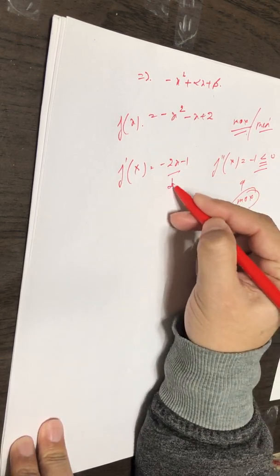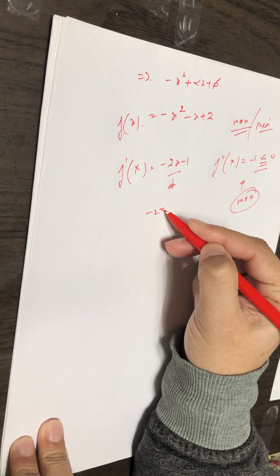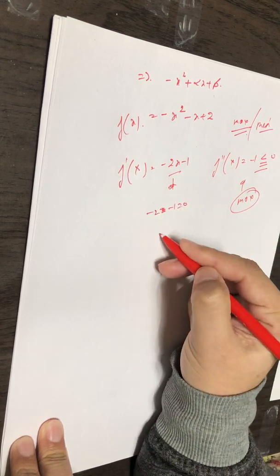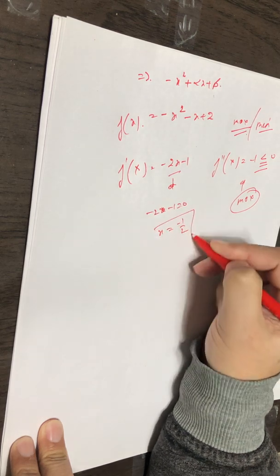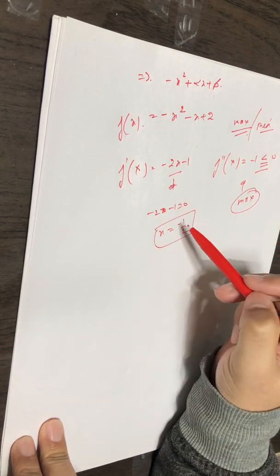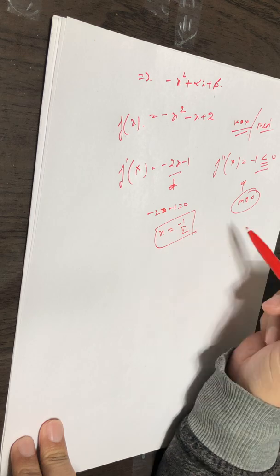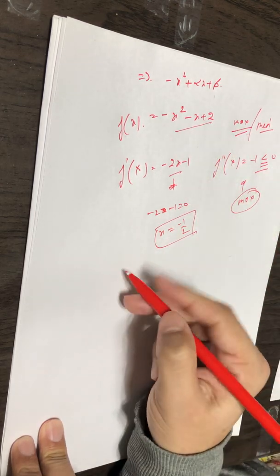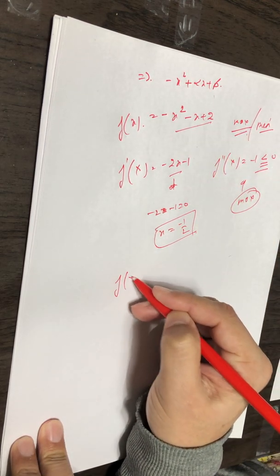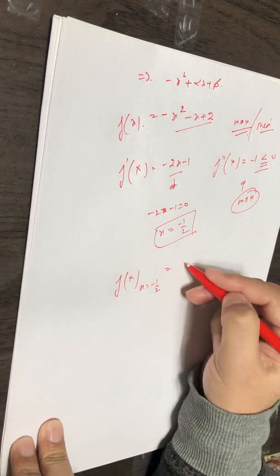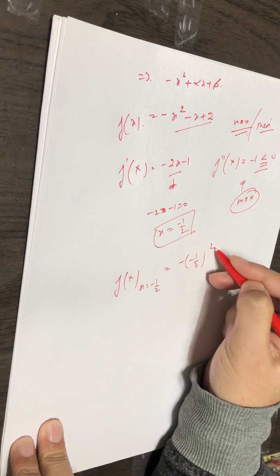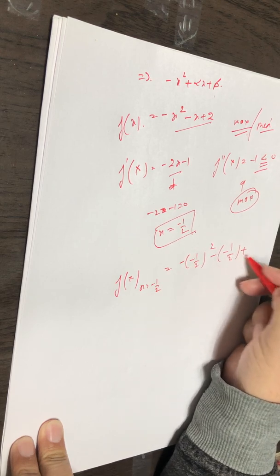So it means if we equate this equal to 0, we get x equal to minus 1 by 2. So if you put the value of x equal to minus 1 by 2 in this equation, we are going to get its value, f of x at x equal to minus 1 by 2, which is equal to minus of minus 1 by 2 squared, minus 1 by 2, plus 2.